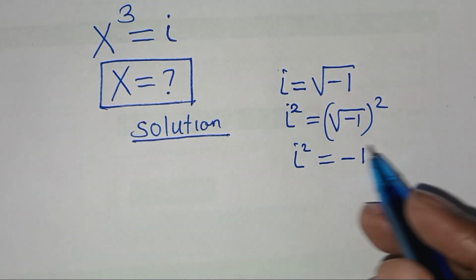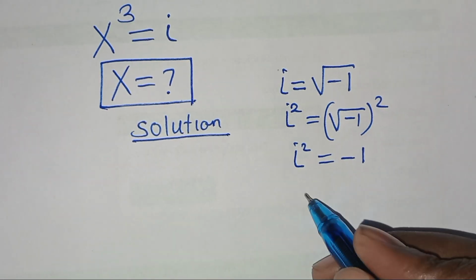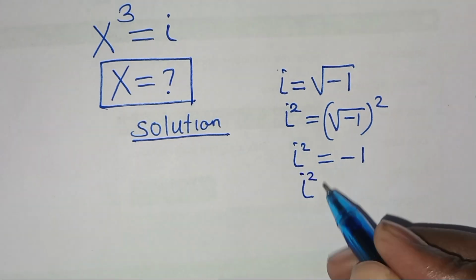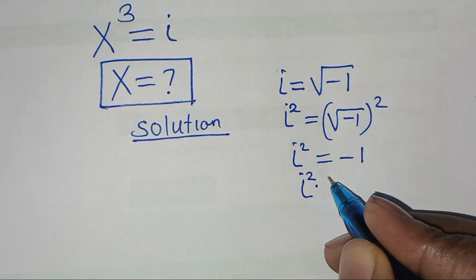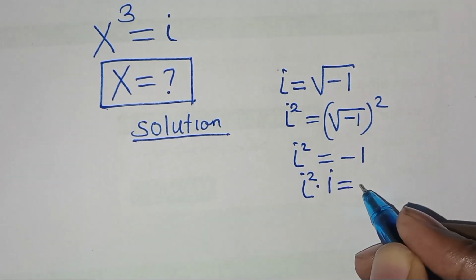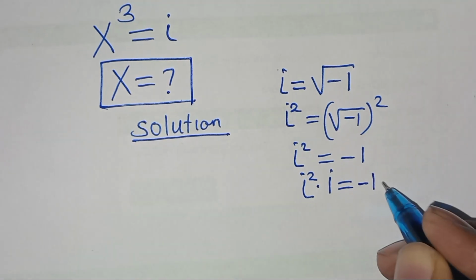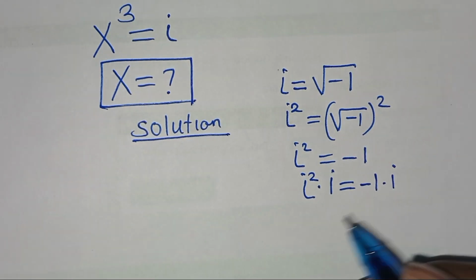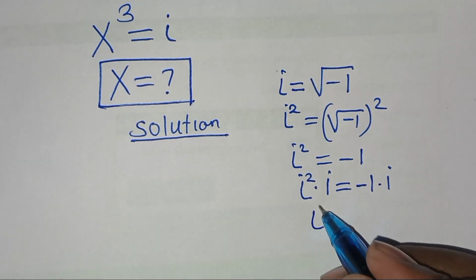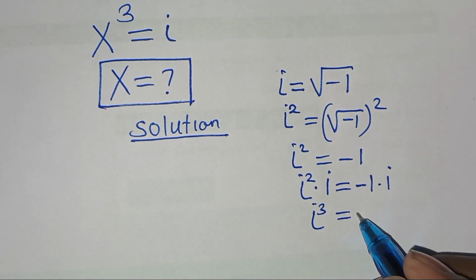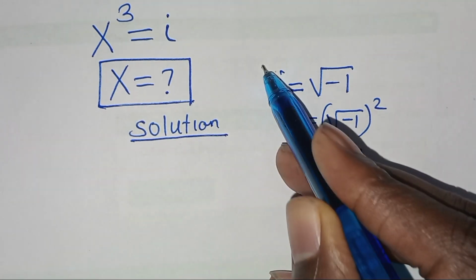So if we have i squared times i, this is the same thing as minus 1 times i. So this implies that i to power 3 is the same thing as minus i.